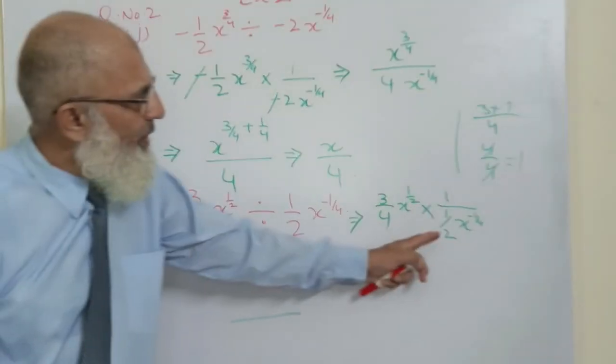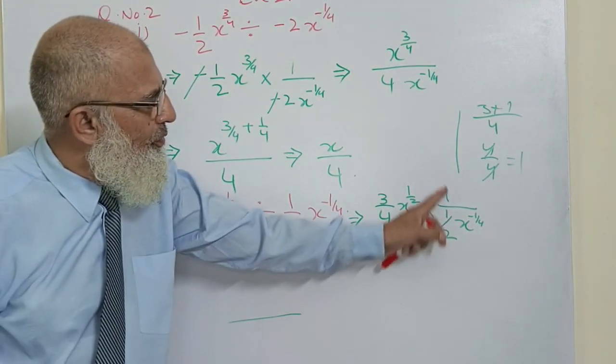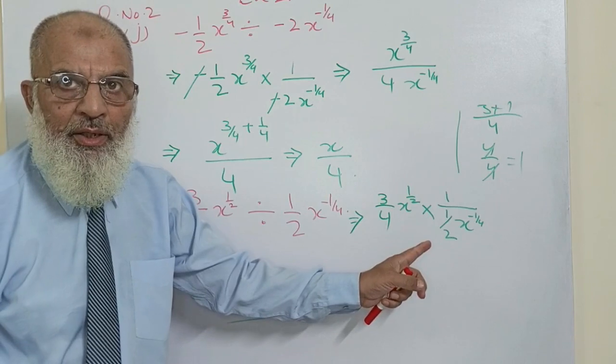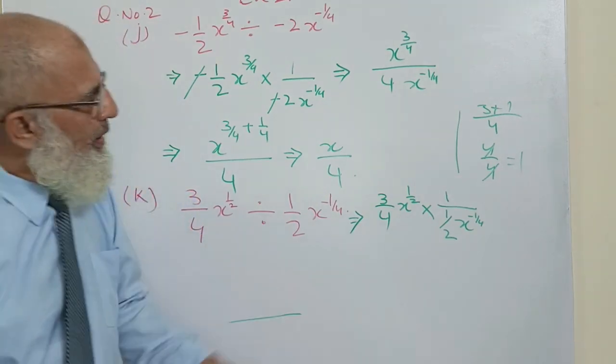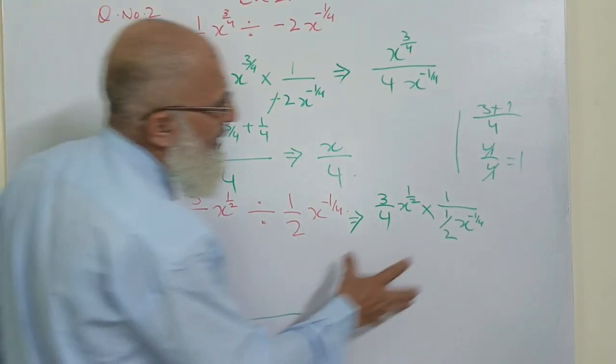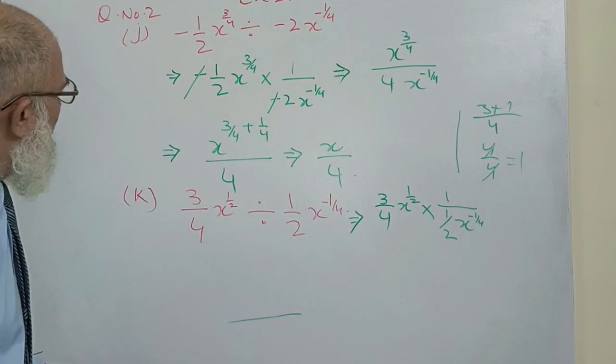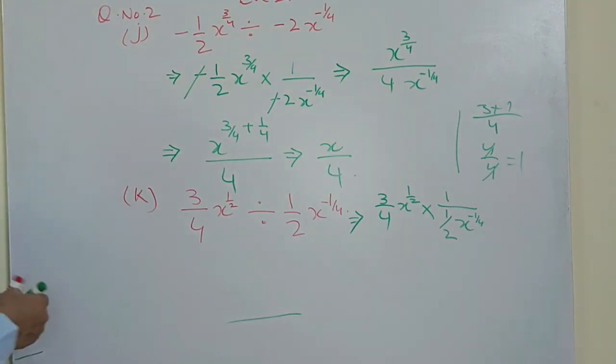Now you see there is a fraction in the fraction. Fraction within a fraction. What I told you that. Now let me explain it to you if you have two fractions in one fraction.